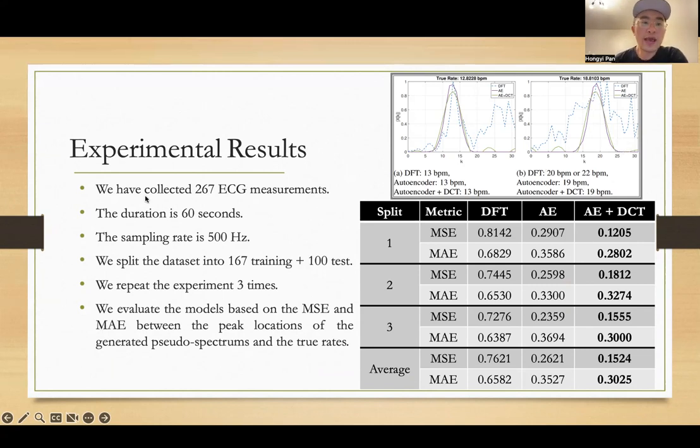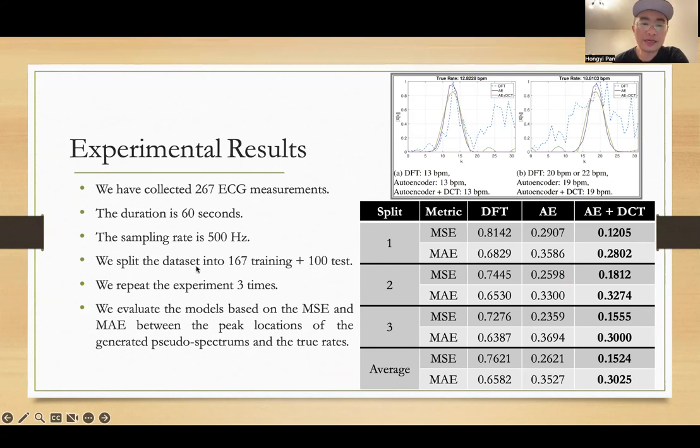In this work, we collected about 300 ECG measurements ourselves using our device, and each measurement is 60 seconds, with a sampling rate of 500 Hz. We separated this set into 167 training plus 100 testing.